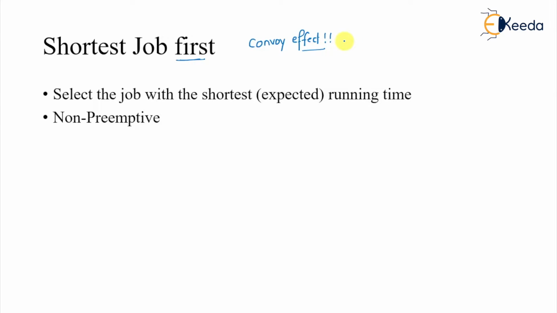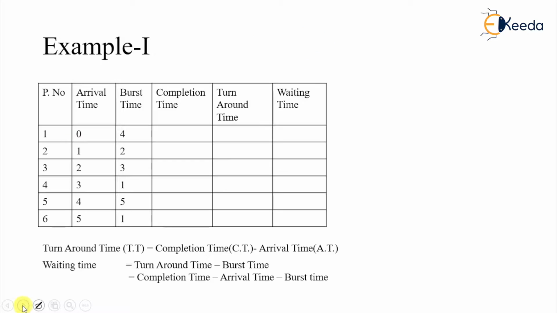Shorter jobs holding the CPU first will give you the advantage, but if a longer CPU job holds the CPU, then definitely there will be some effect in terms of utilization and it will remain idle. So here the criteria is very simple: select the job which has the shortest running time, and it is non-preemptive in nature.